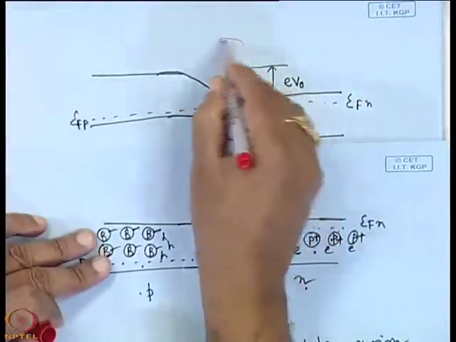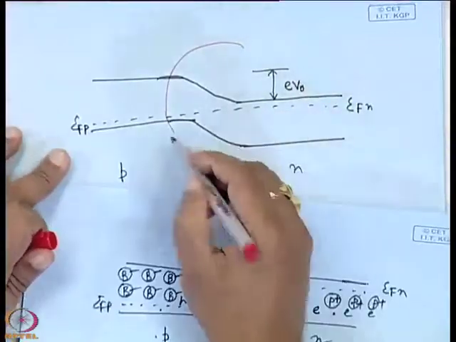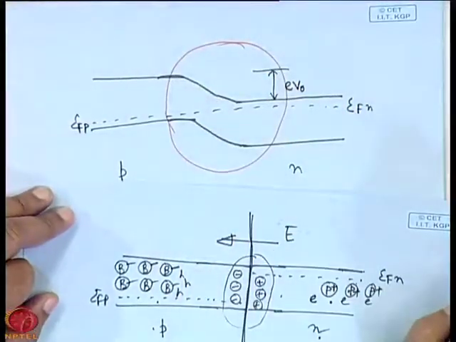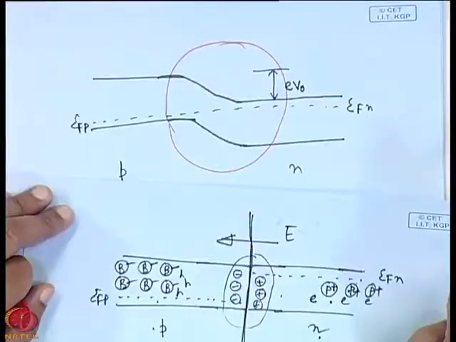In this region, the band bends. Why does the band bend? Yes, it is because of the concentration of free carriers.